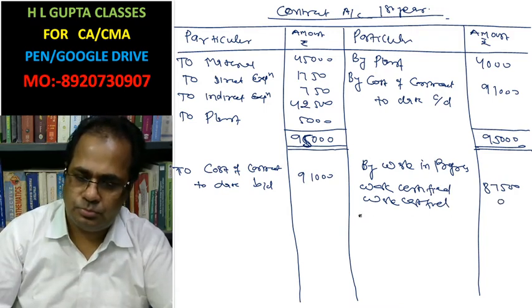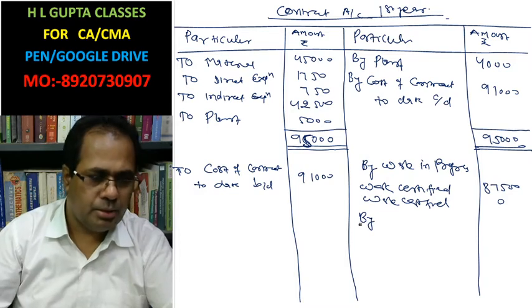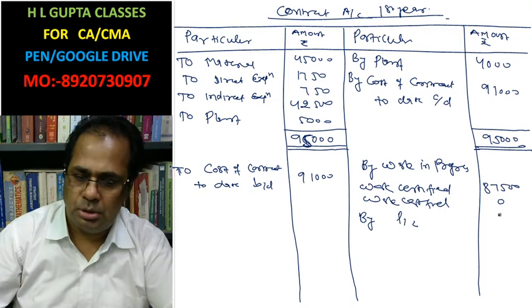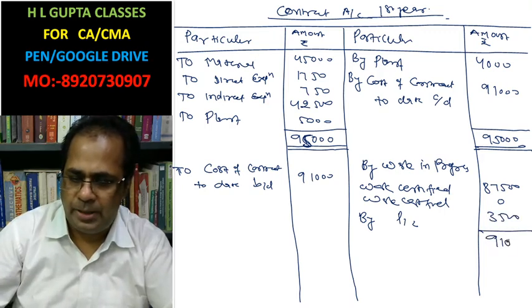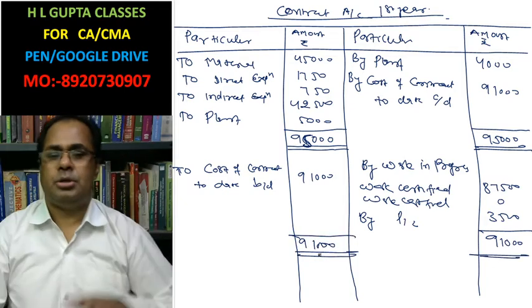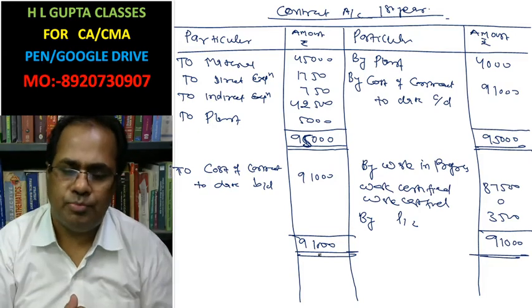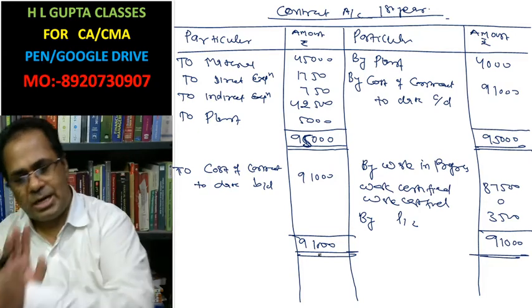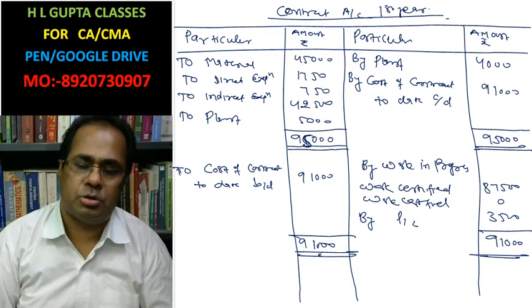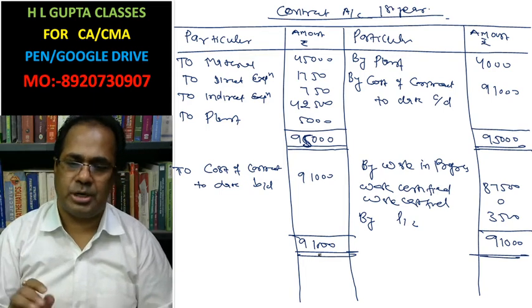To profit and loss, in this case loss, 3,500. Total 91,000. This is the contract account for the first year. Loss is taken 100% to the profit and loss account of the organization.